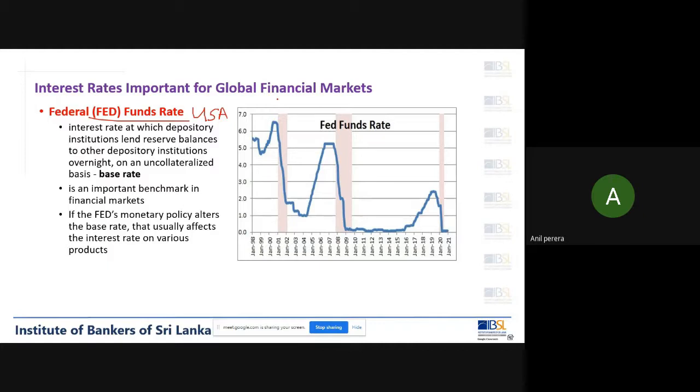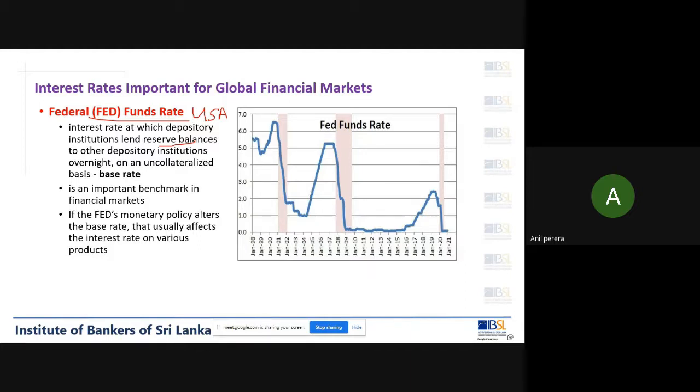So the federal funds rate is the benchmark rate in the United States economy. So what do you mean by Fed funds rate? It is the interest rate at which depository institutions, which means banks, lend reserve balances, meaning their excess or deficit money, like in our case, to other institutions on an overnight basis, which is an uncollateralized basis.